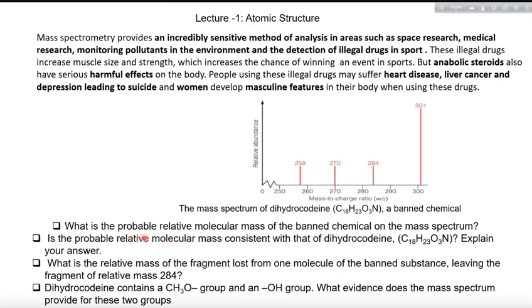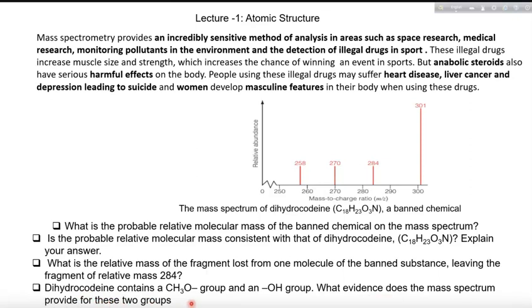The questions are: what is the probable relative molecular mass of the banned chemical on the mass spectrum? Is the probable relative molecular mass consistent with that of dihydrocodeine? Explain your answer. What is the relative mass of the fragment lost from one molecule of the banned substance, leaving the fragment of relative mass 284? Dihydrocodeine contains a CH3O group and an OH group. What evidence does the mass spectrum provide for these two groups?